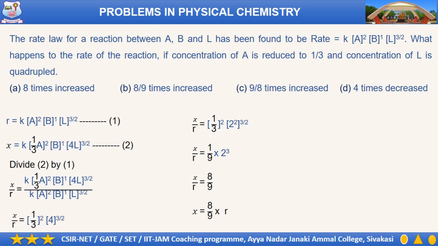What happened to the rate of reaction if the concentration of A is reduced to 1/3 and the concentration of L is quadrupled? Options: A, 8 times increased.